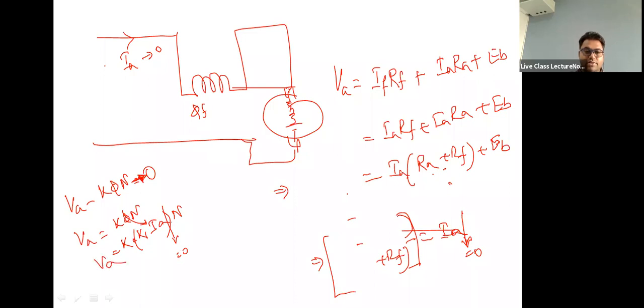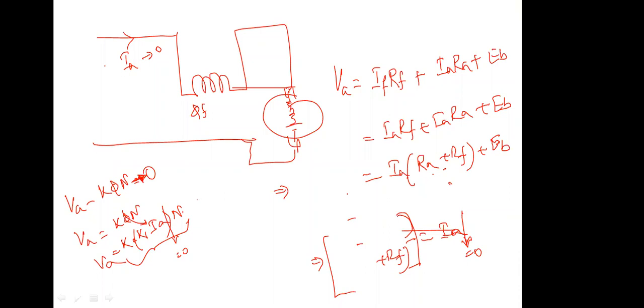So what is the one quantity which can make this term equal to V_A? K into K_1 I_A N, I_A is tending to zero. Will the values of K and K_1 go very high so as to make the left-hand side equal to the right-hand side? No.